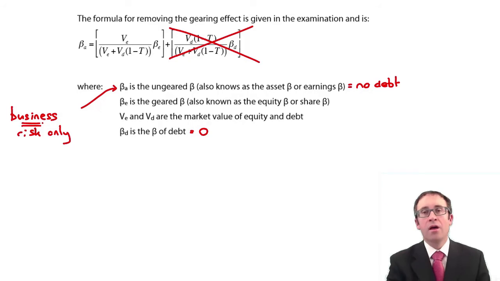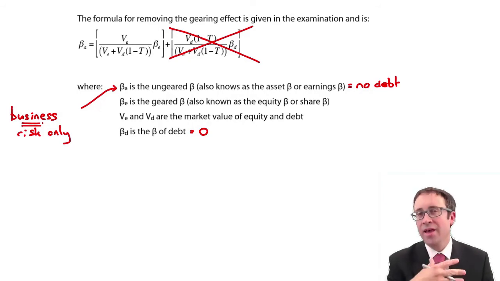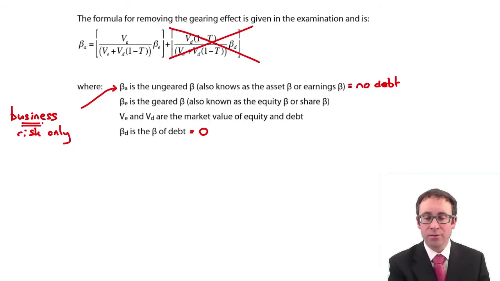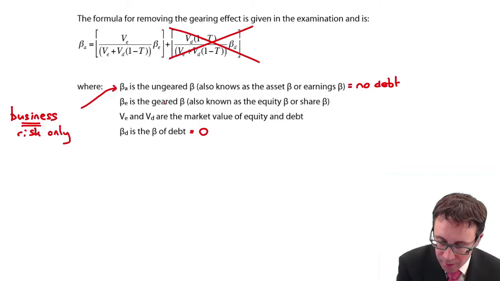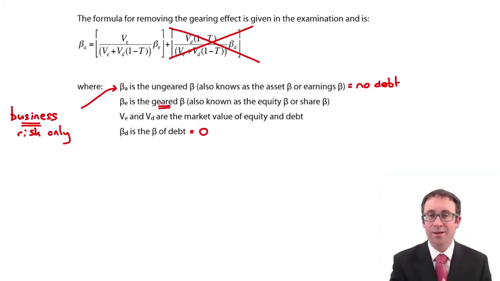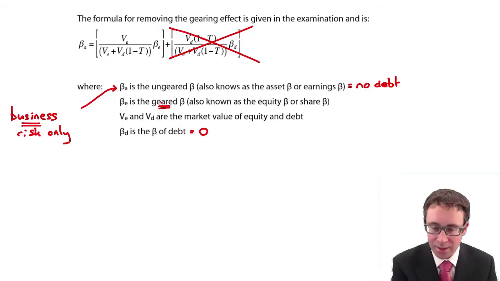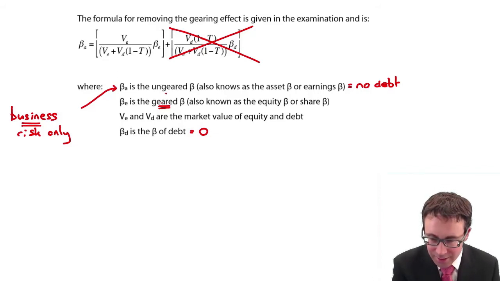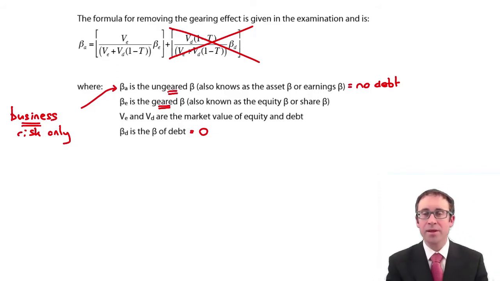Okay, there is another reference to beta, which is beta E, or beta equity. I prefer to talk about them as the geared beta. Beta equity is the geared beta, beta asset is the ungeared beta.